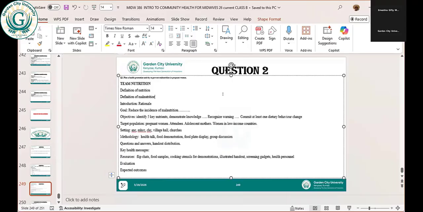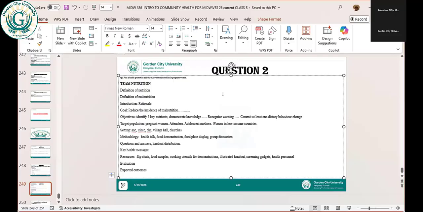Team nutrition. Plan a health promotion activity on malnutrition. So what is the nutrition and the malnutrition that you people defined? Then you have an introduction again, talking about the rationale.